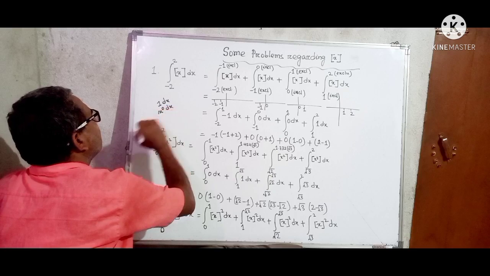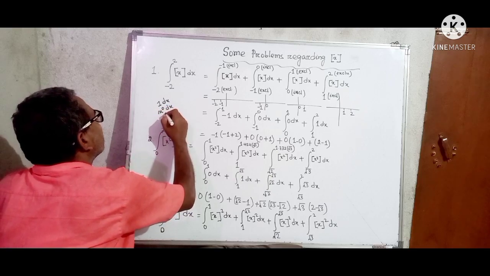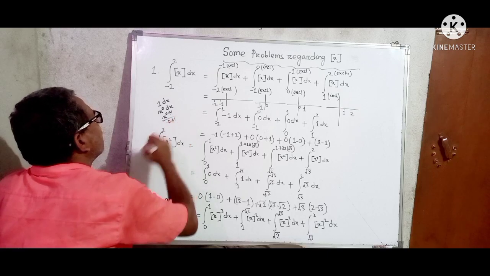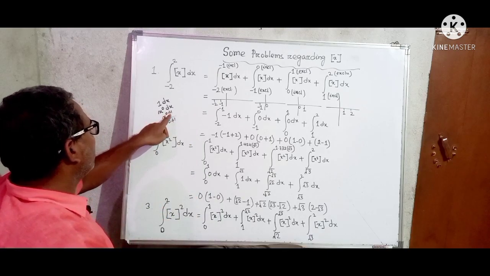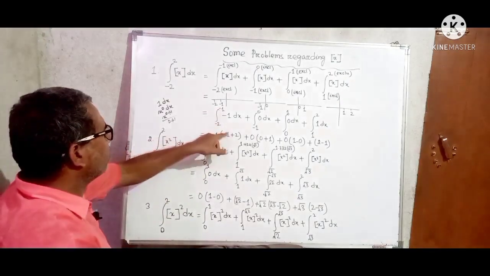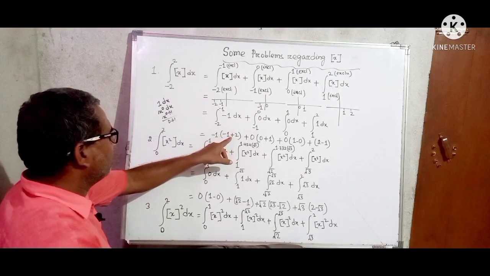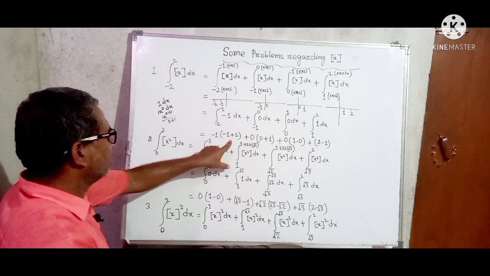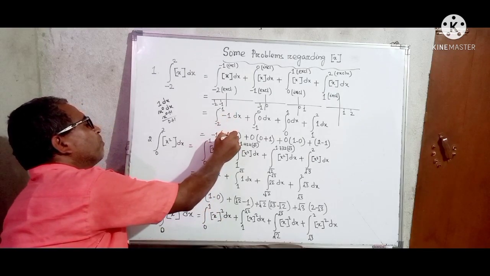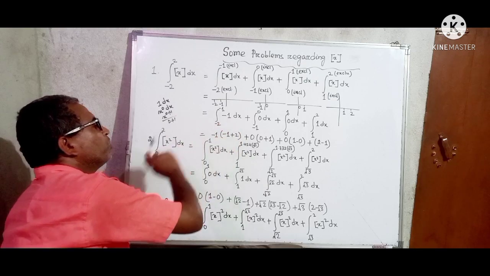Putting the formula, x to the power 0 plus 1 by 0 plus 1, that means x to the power 1 by 1, that means x. That is why I am doing it like this. So minus 1 times minus 1 minus 2, that is minus 1 plus 2.